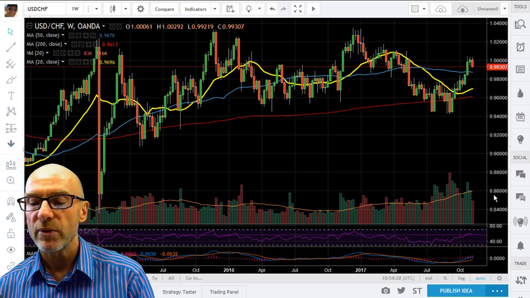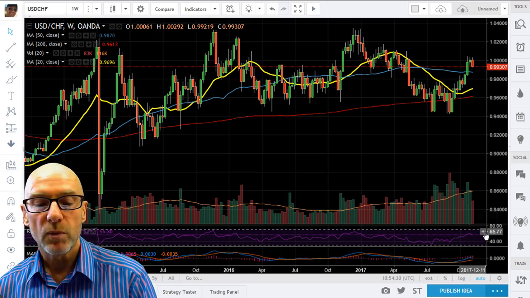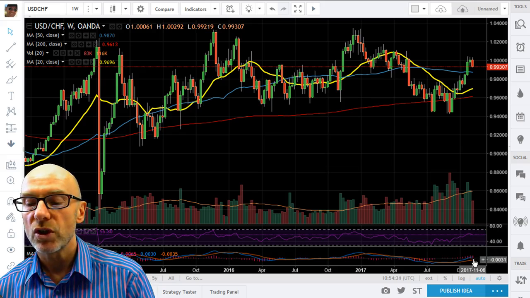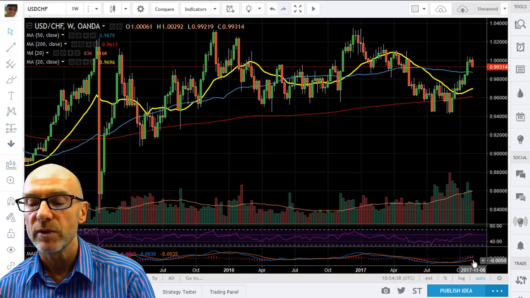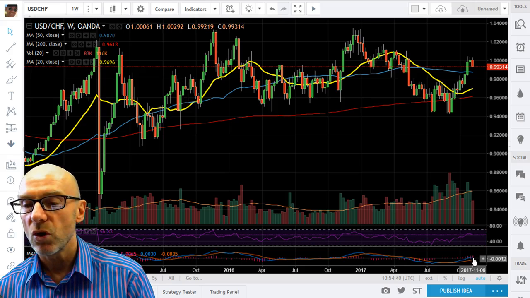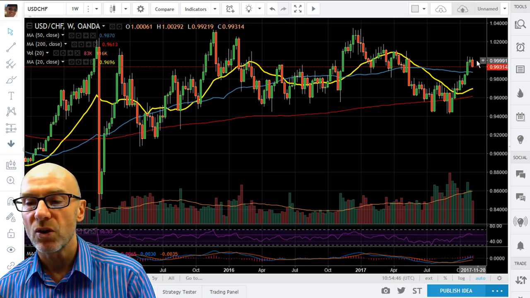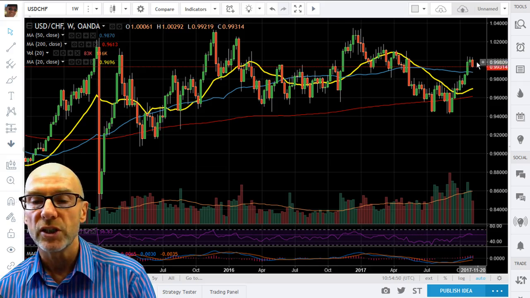And you can see there is positive momentum with the RSI at 56.8, and the short-term MACD has just gone above 0 and is moving well above the longer term. So overall, going into resistance, but you can't see a reason why dollar strength won't continue.